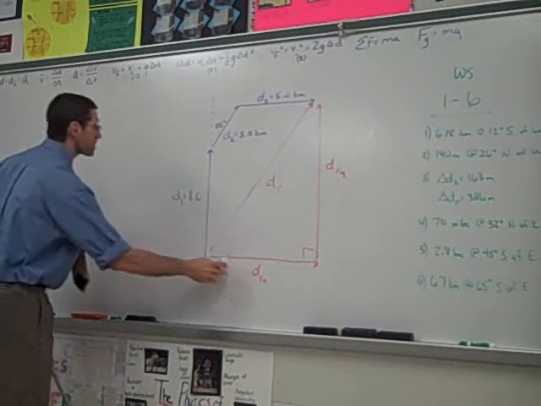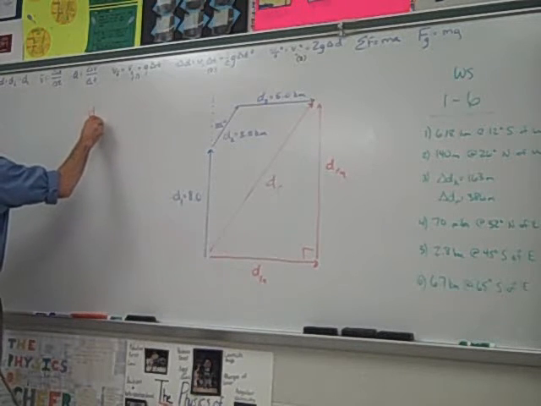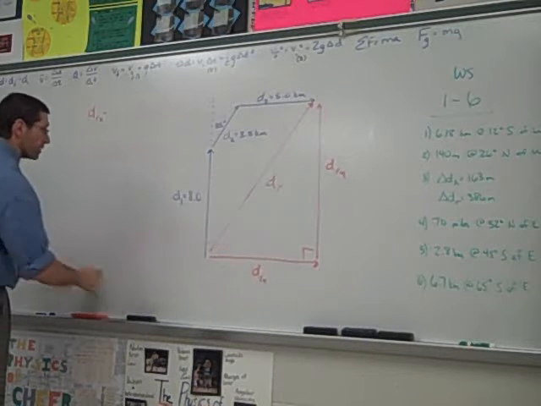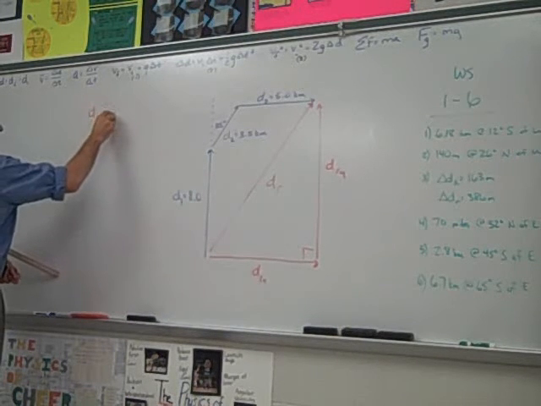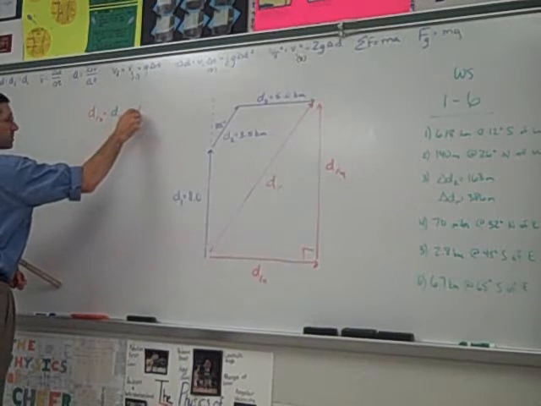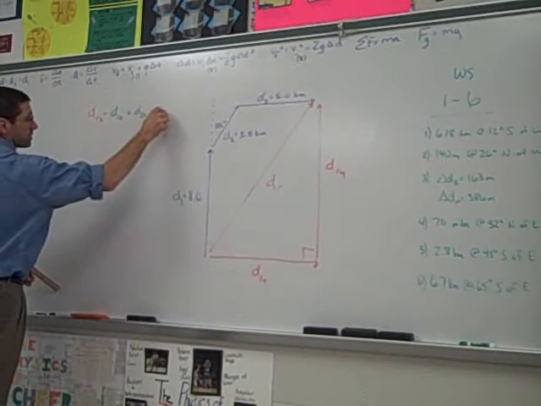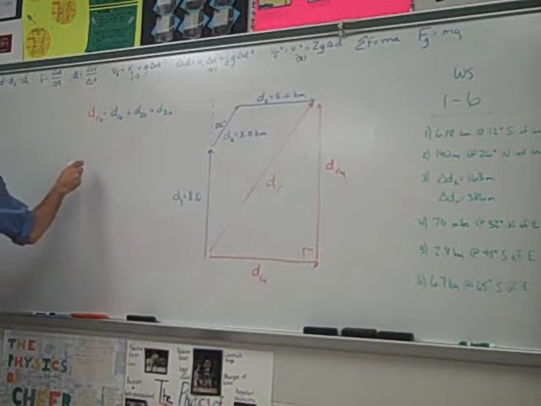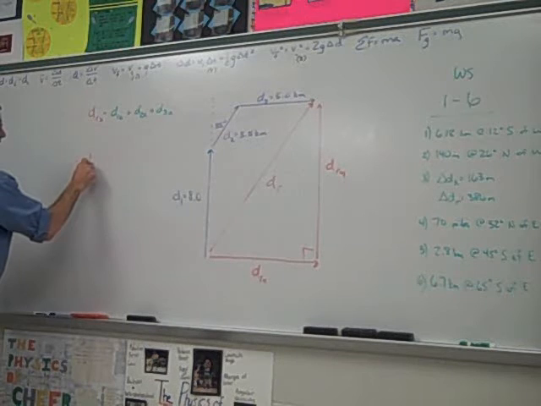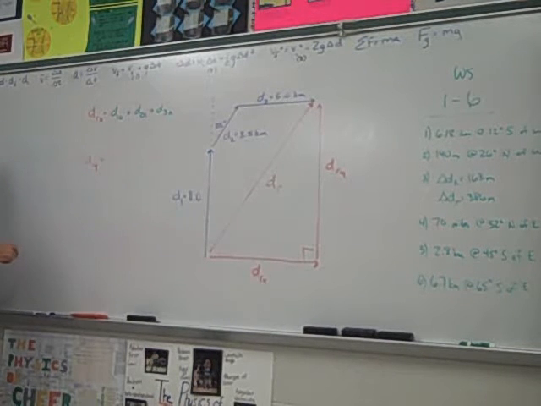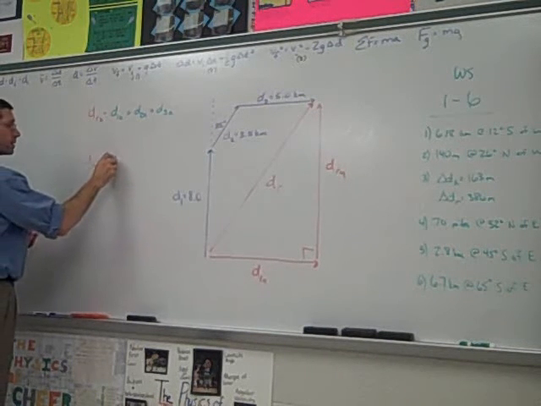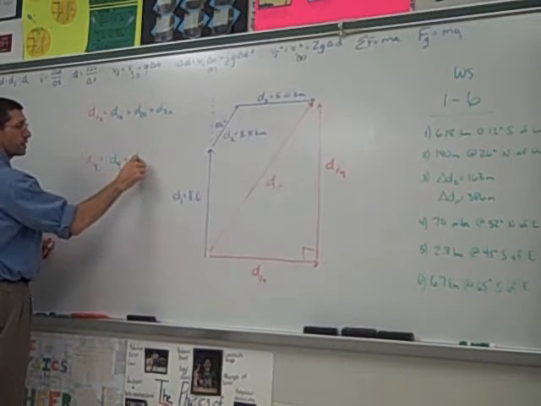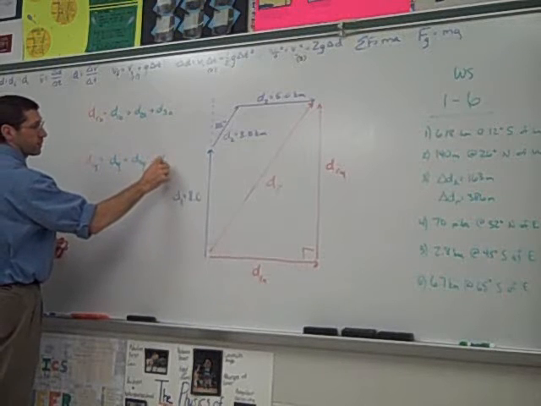So drx is going to be the sum of the components in the x direction. So we have d1x plus d2x plus d3x, or the x component of each of those vectors. And dry is going to equal d1y, which is the y component of vector 1, plus d2y plus d3y.